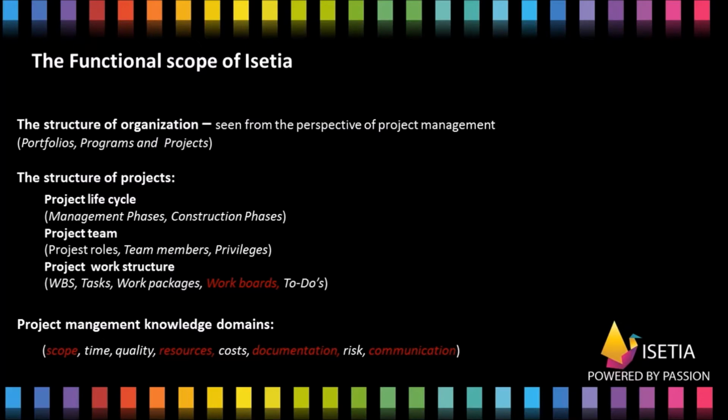Then you can see that all project teams can be located in your project. We have project roles, team members, and the strong system of privileges which are controlling the access for the data, information, functionality. Next thing is the project work structure, WBS, work breakdown structure.